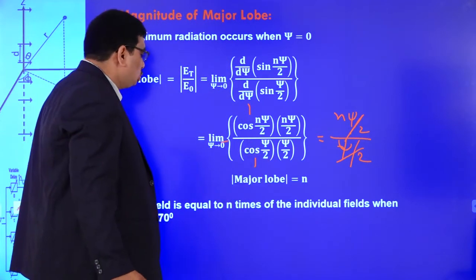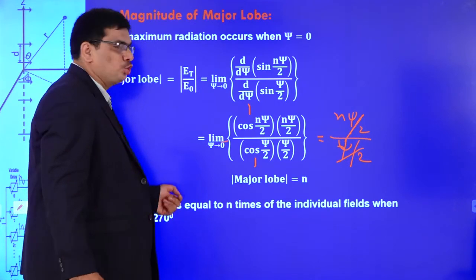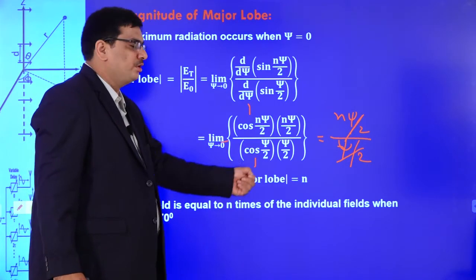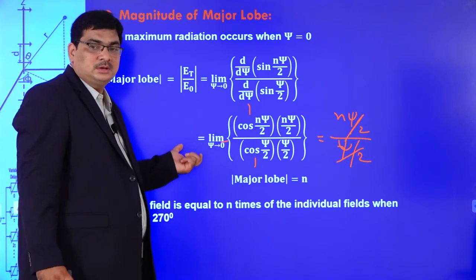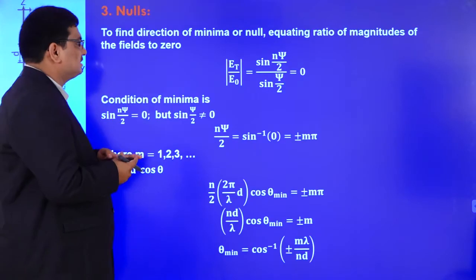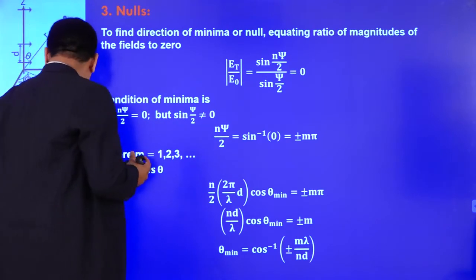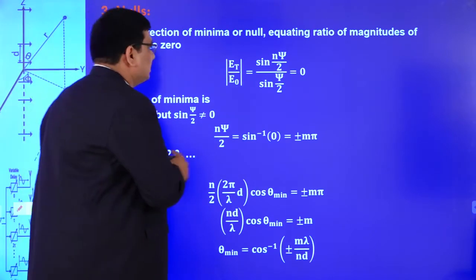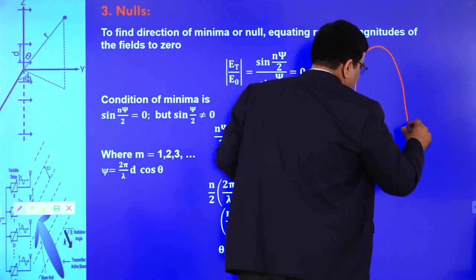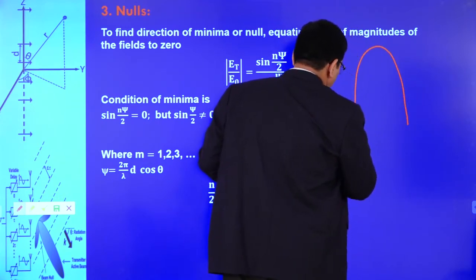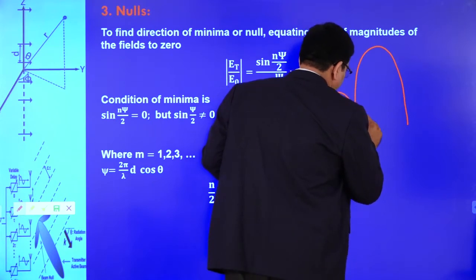So your total field is equal to n times the individual field in the direction of the major lobe. Next, nulls. What is a null? Actually this is your major lobe, and this is your first side lobe level.